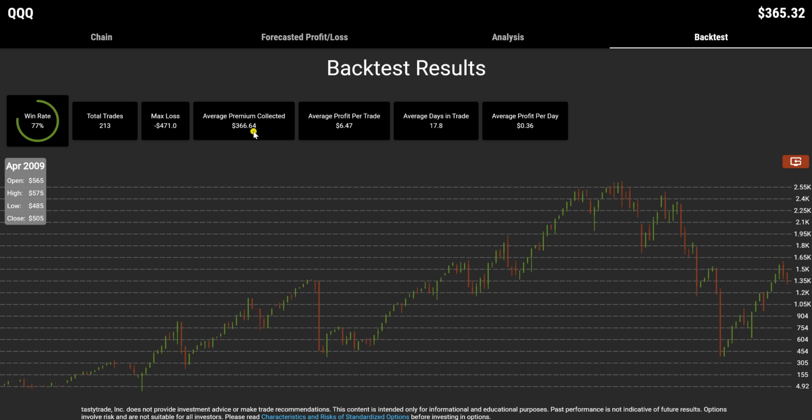Average premium collected, average profit per trade, and now I'm realizing that this must be in options value, so this would actually be $47,000. That doesn't make a whole lot of sense to me.